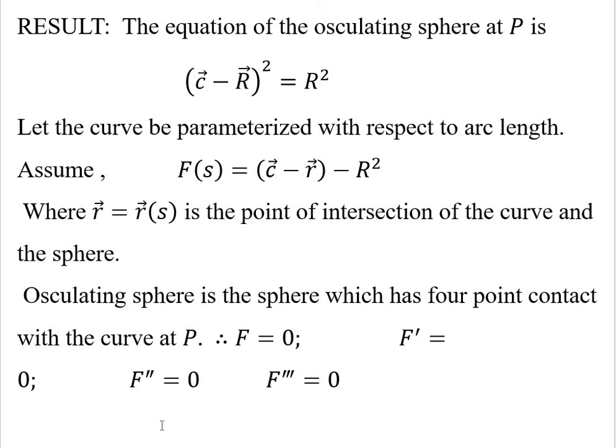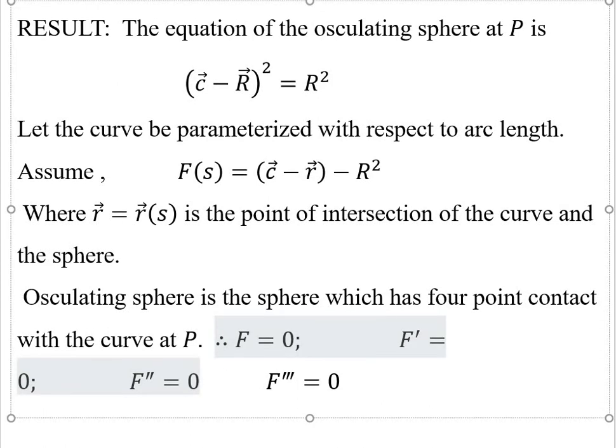The equation of the oscillating sphere at the point P is (C vector minus R vector) whole square equal to R square. We choose the general parameterized form f of s equal to (C vector minus R vector) whole square minus R square. It is a 4-point contact, up to f triple dash equal to 0. Therefore f equal to 0, f dash equal to 0, f double dash equal to 0, and f triple dash equal to 0.